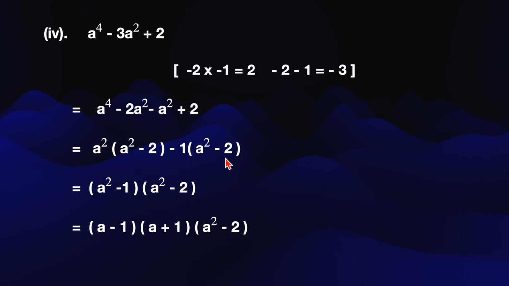Okay, so take this out common, a square minus 2. What is left is a square minus 1. So these are the two factors. Now if you see closely, again this we can factorize further with the help of identity. So a square minus 1 is a minus 1 into a plus 1 into a square minus 2. This we cannot factorize further. We leave it as it is.